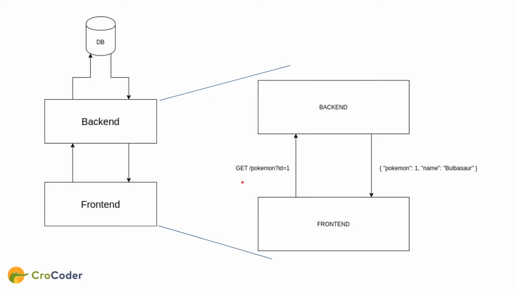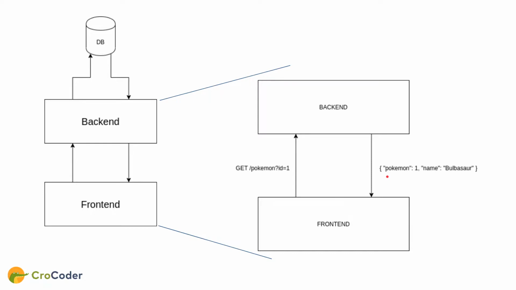You can make them do anything, but the useful part is just an agreement that a verb does a certain operation. So GET actually gets us a resource. When we say get Pokemon with ID 1, we'll actually get our Pokemon with ID 1.